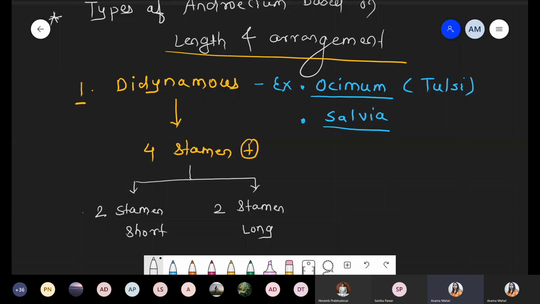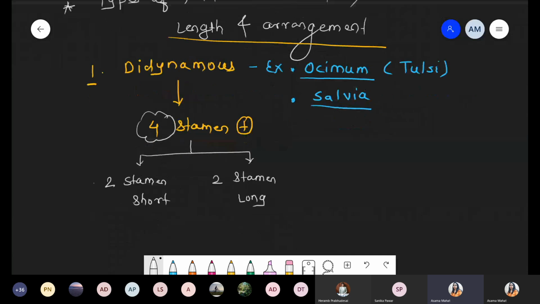So total 4 stamens are present, but on the basis of length, 2 short and 2 long. So we have to draw the diagram for this.